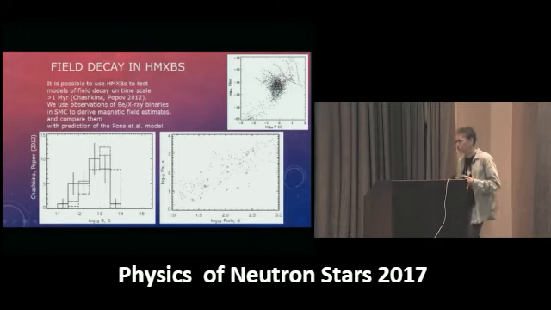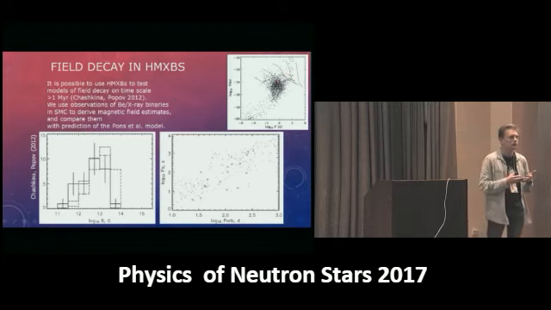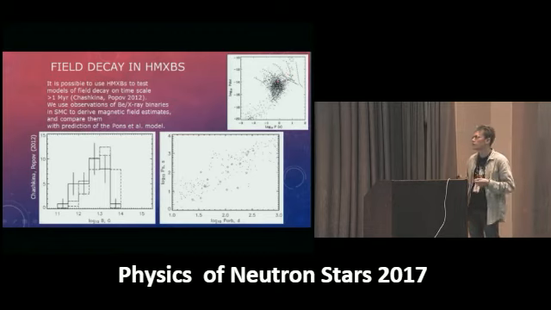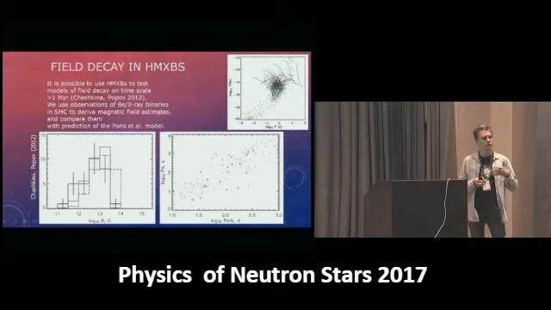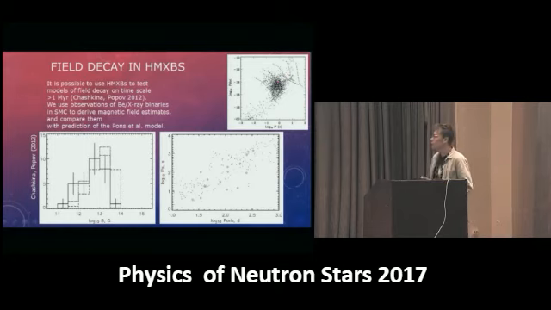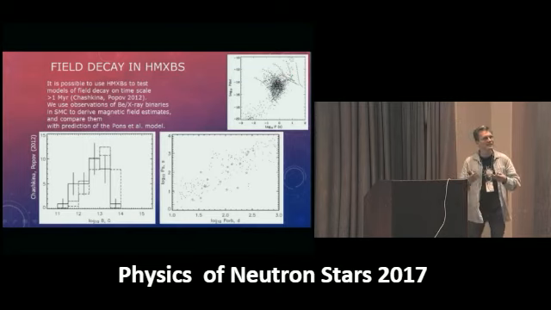And if you take spin parameters of a large population of high mass X-ray binaries, you can try, using modern models, to derive the magnetic field distribution out of it and compare it with predictions of models designed for magnetars.